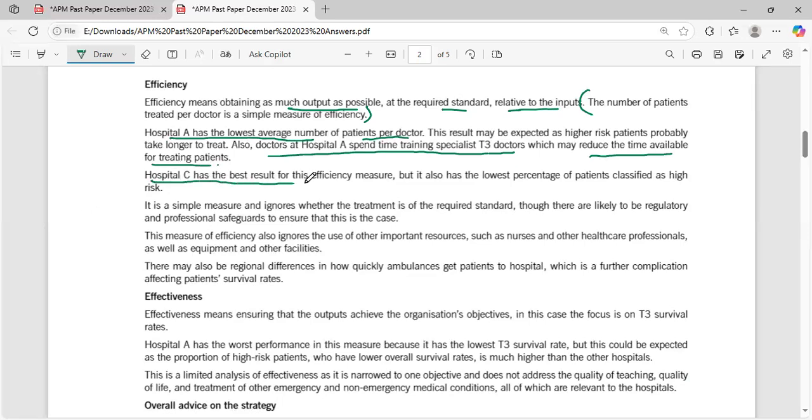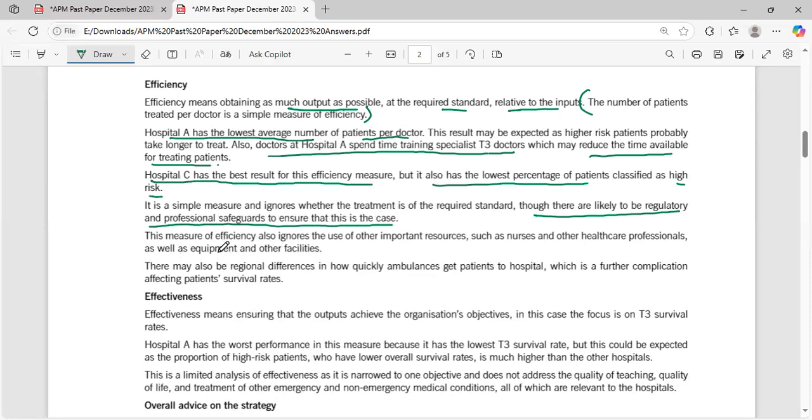Hospital T has the best result for the efficiency measure, but it also has the lowest percentage of patients classified as high risk. It is a simple measure and ignores whether the treatment is of the required standard, though there are likely to be regulatory and professional safeguards to ensure that this is the case.